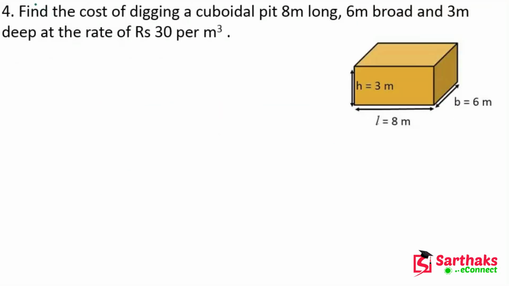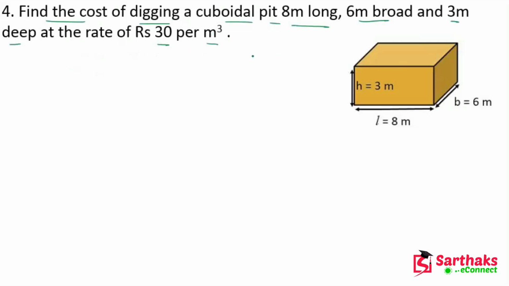Now next question is, find the cost of digging a cuboidal pit 8 meter long, 6 meter broad and 3 meter deep at the rate of rupees 30 per meter cube. We have to find the cost of digging a cuboidal pit.